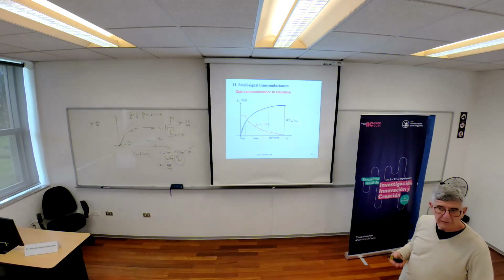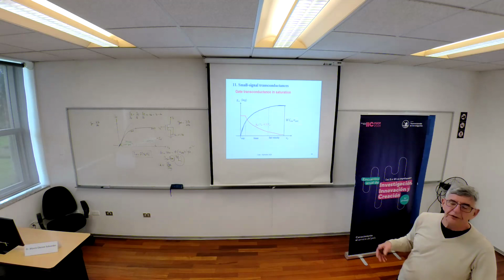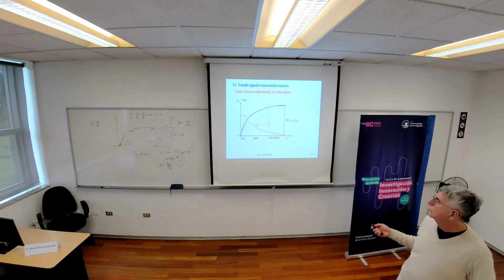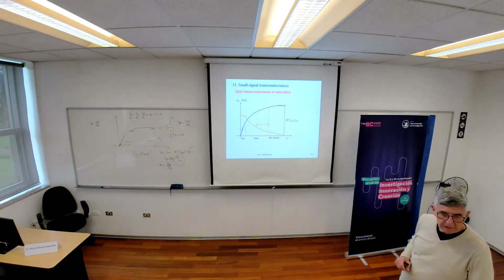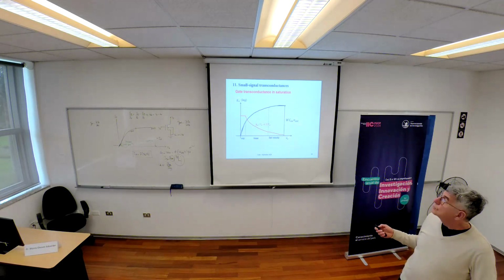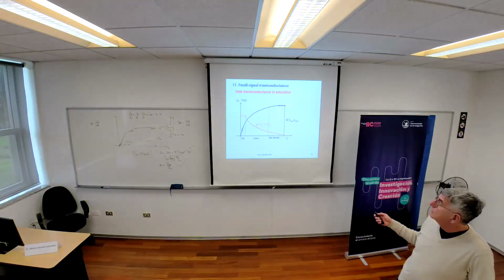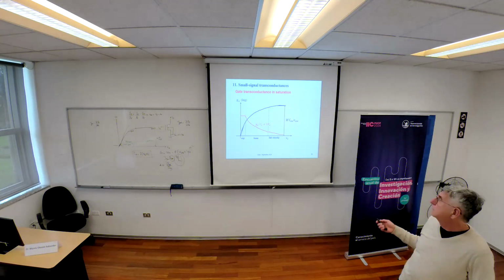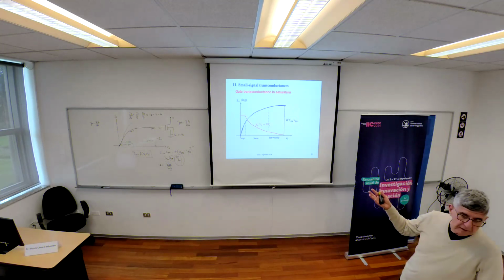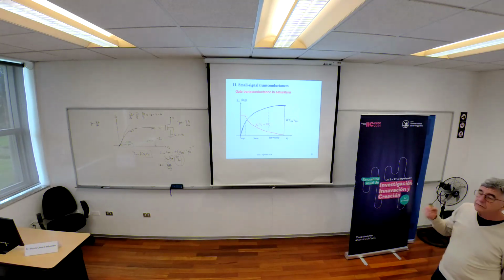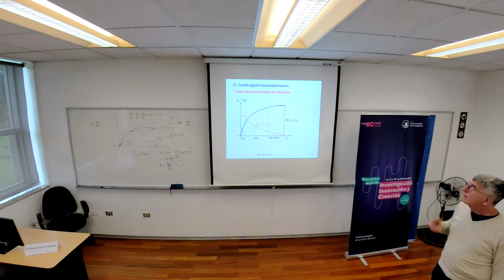At a certain point, if you increase the drain current through the increasing of the gate voltage, you will not get an advantage in terms of the transconductance, because this value will saturate at a certain value, which is given by this expression, which depends on the oxide capacitance and on the saturation velocity. Okay?